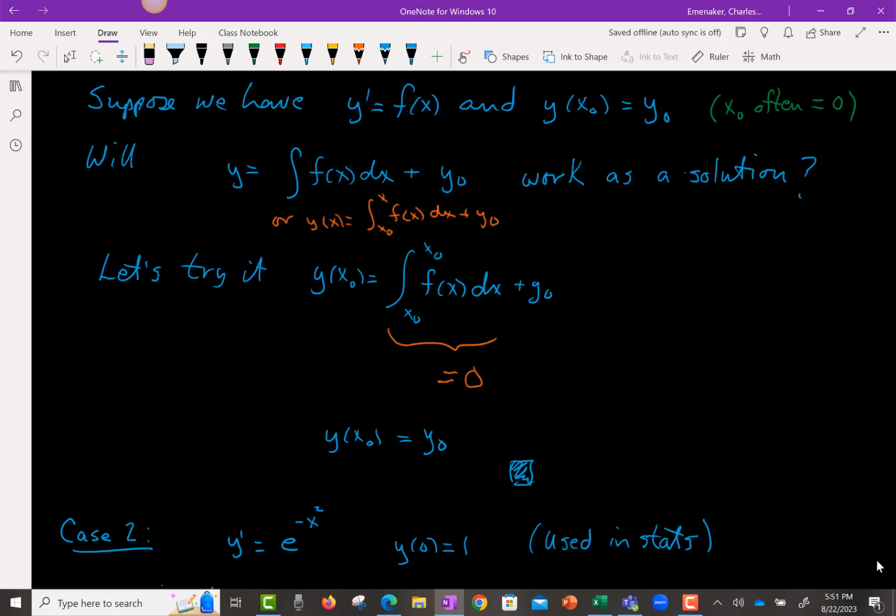And the question is, when you do something like this, does the initial condition really satisfy the proposed solution that we have? Well, what we can do is say that the y value evaluated at x0, whatever that might be, is going to be equal to our integral plus, and recall y0, there it is.